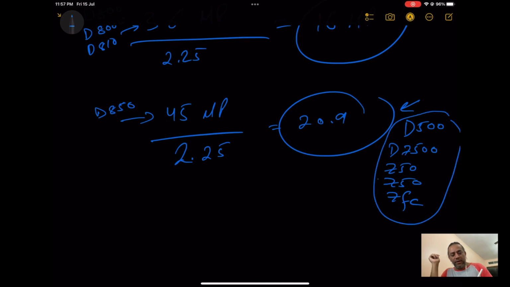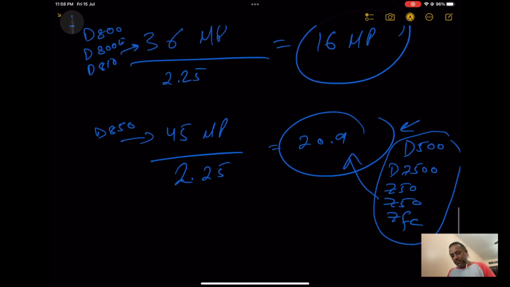All these cameras are 20.9 megapixel. So basically, if you are going to use D850 in crop mode, you will get output exactly like D500, D7500, Z50, Z30, ZFC. Same. It's exactly the same.